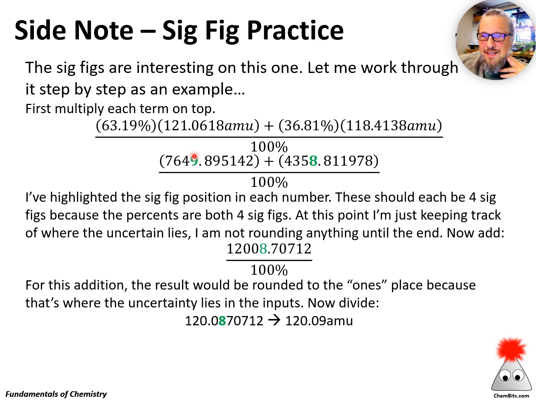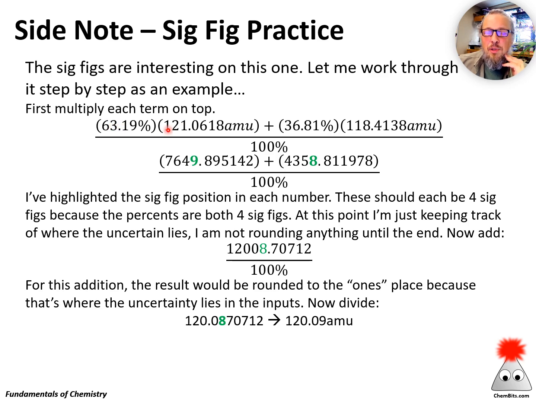But I did designate in both of these numbers with a little green bolded number where my uncertainty lies. If I were going to round this number using sig fig rules, this is where I'd round it. I have 4 sig figs going in and 3, 6, 7 sig figs.